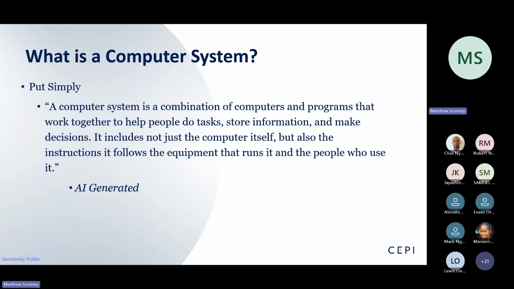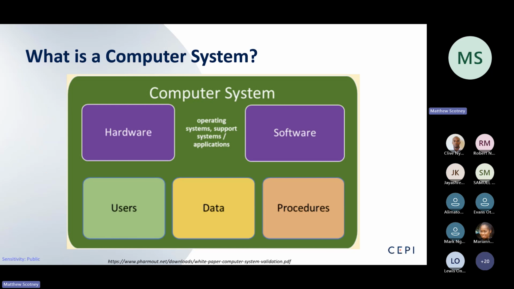It includes, and this is probably the most important part of it, not just the computer itself, so not just the black box that we're looking at when we think about a computer, but also the instructions that the computer follows, the equipment that it runs, and the people who use the equipment. So if we looked at it in diagrammatical form, you've got a computer system being made up of the hardware, the software, some of the operating systems, the users, the data, the procedures.